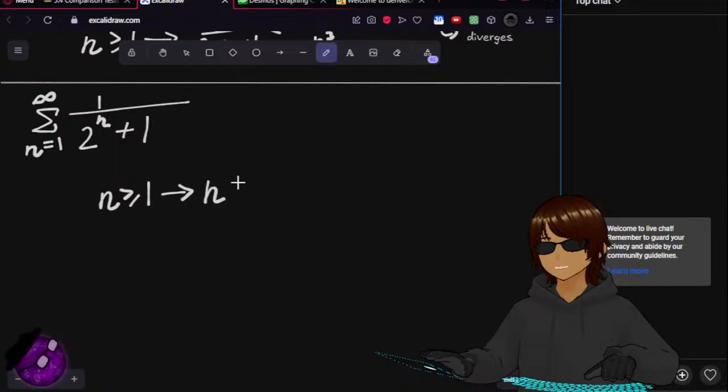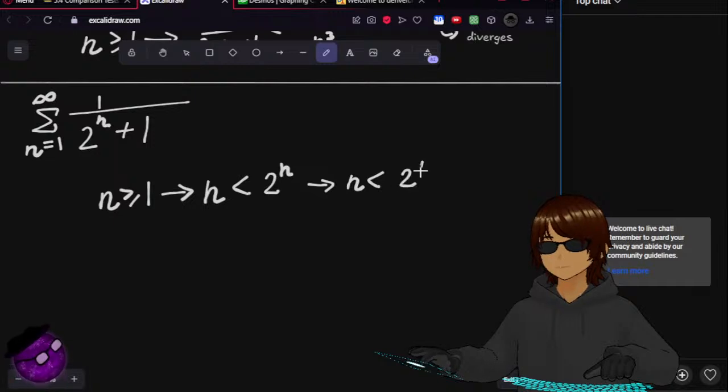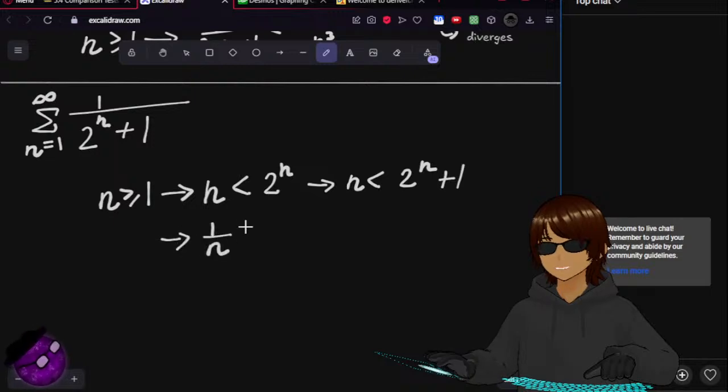That implies that n will be lesser than 2 to the power of n, which implies n will be lesser than 2 to the power of n plus 1, which implies 1 over n is greater than. But if this diverges, this can converge or diverge. It doesn't say anything.